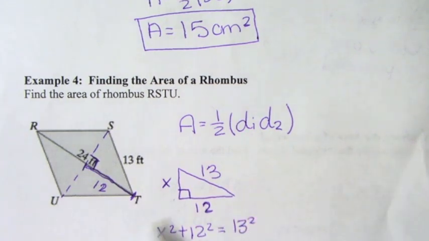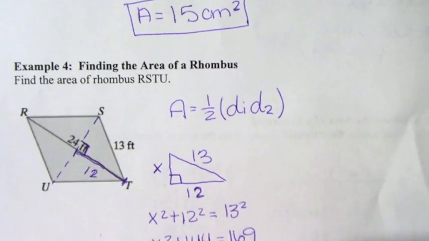I just plugged it into the Pythagorean theorem. All right, and 13 is my hypotenuse, so it always acts as c. So x squared plus 144 is equal to 169. Subtract 144 from both sides.